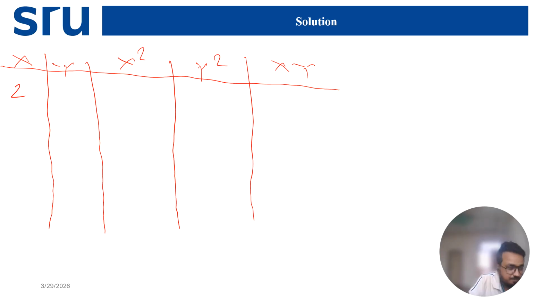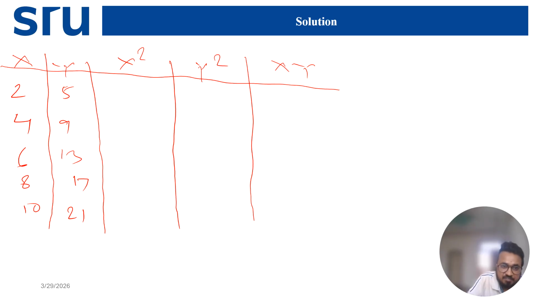The values of X are 2, 4, 6, 8, 10, right? And the corresponding values of Y are 5, 9, 13, 17, 21.